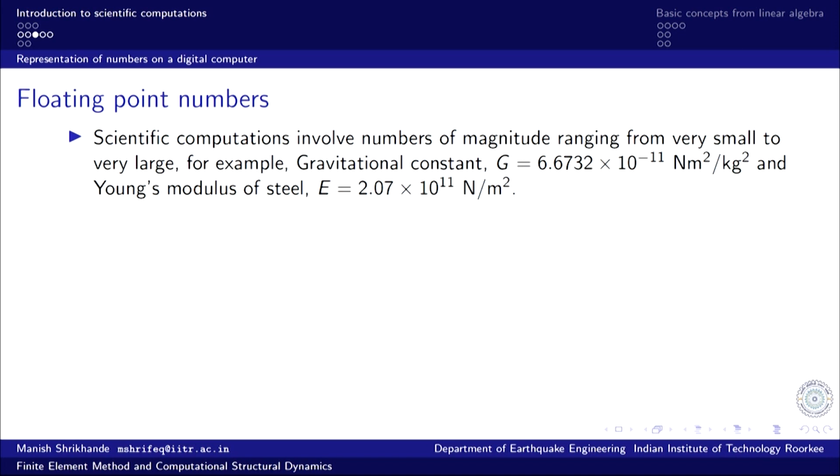I chose these two numbers for the similar range of exponent of 10: one is 10 raised to the power minus 11, the other is 10 raised to the power plus 11.